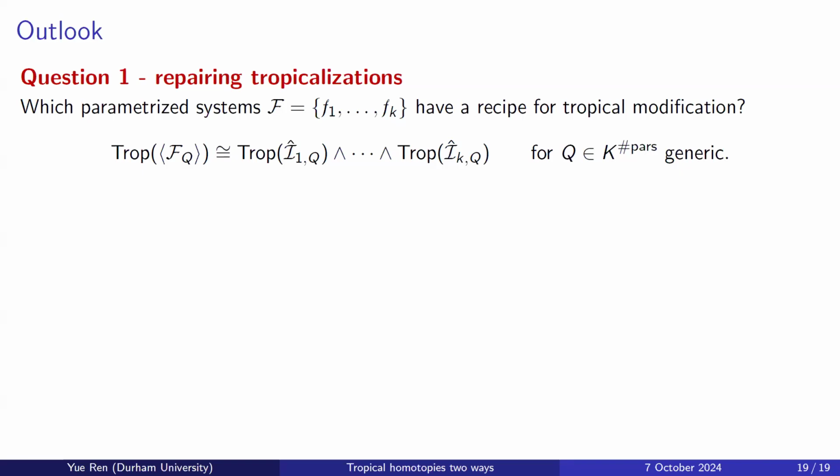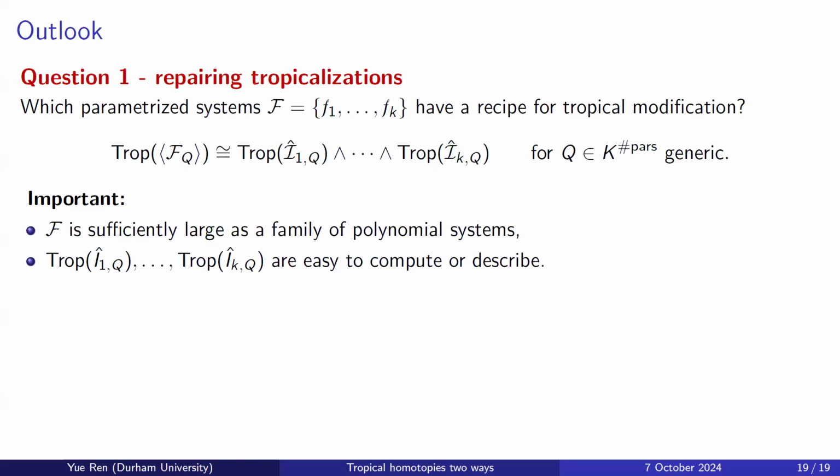And this is exactly the type of question I'm interested in, right? So what type of parameterized systems are there for which I can actually give a recipe for modification to repair it? Any of these recipes would be super useful for practical reasons. Let me just reiterate what's important for this recipe.